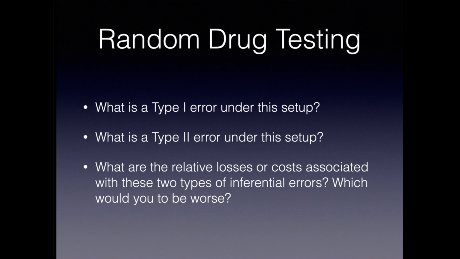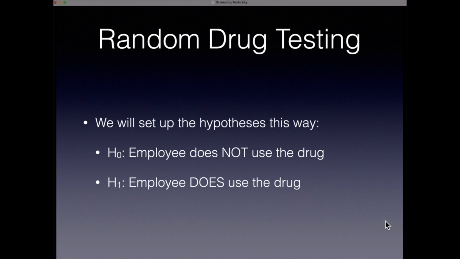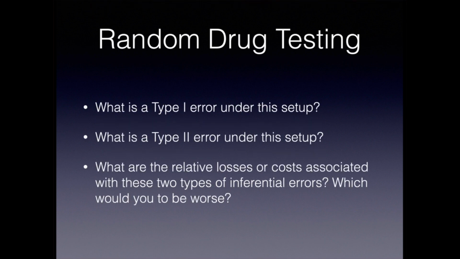So using the setup where the null hypothesis is that the employee does not use the drug, the alternative being that the employee does use the drug, what is a type 1 error in that situation, and what is a type 2 error? Also, what are the relative losses or costs associated with these two types of inferential error, and which would you consider to be worse?